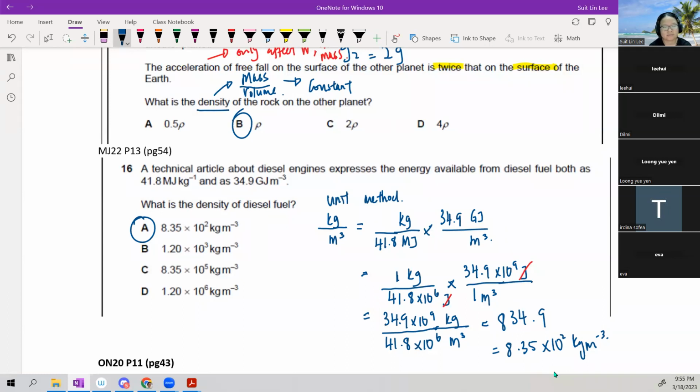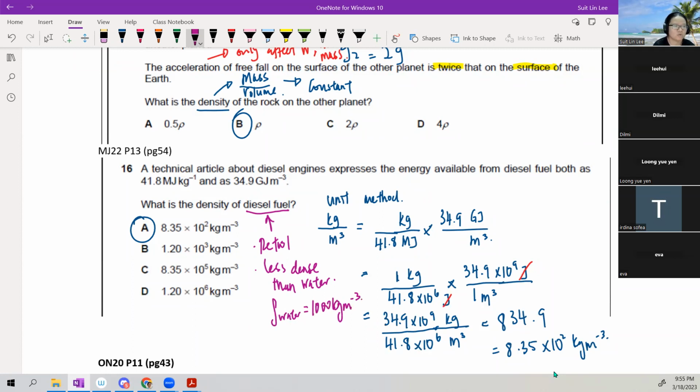In fact, if I have a little bit of chemistry in my brain, I'm thinking to myself, diesel fuel. Diesel fuel is petrol. Petrol is less dense than water. What's the density of water? 1000 kg per meter cube.